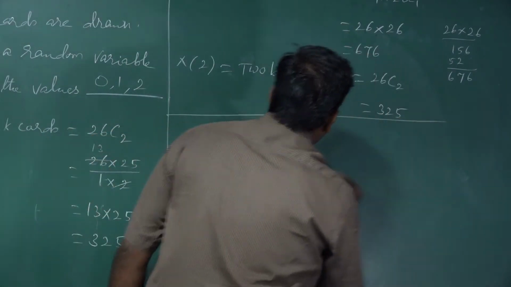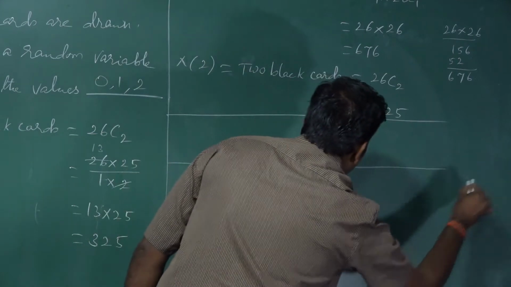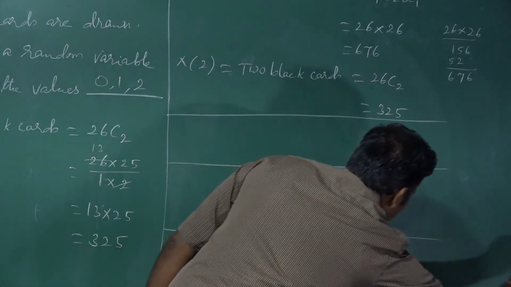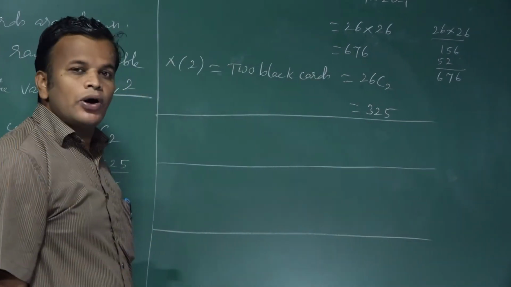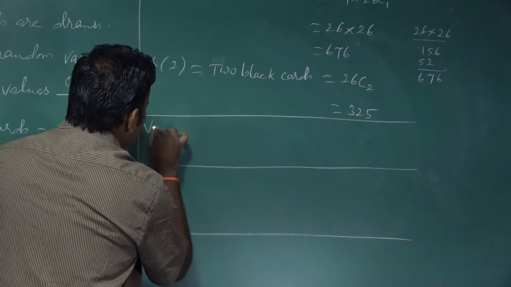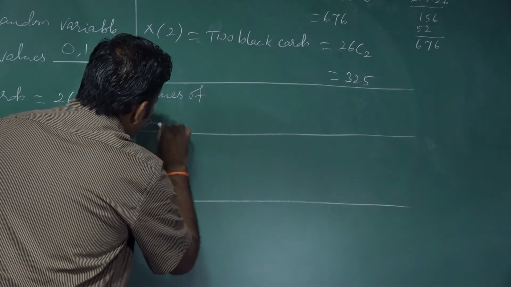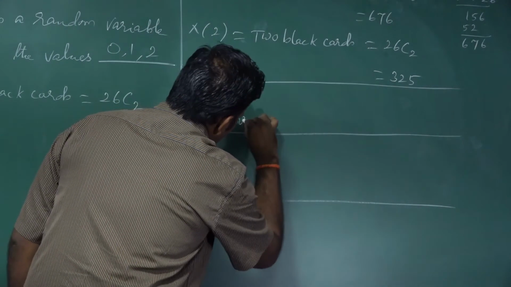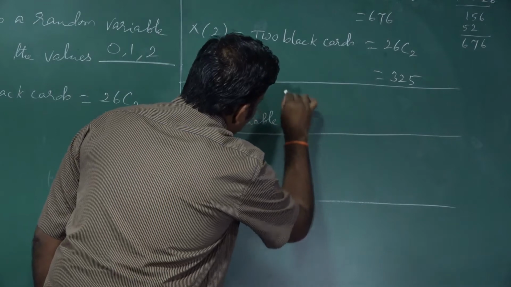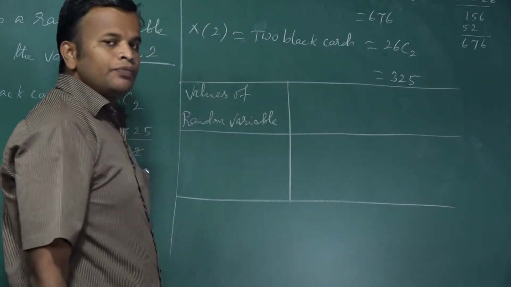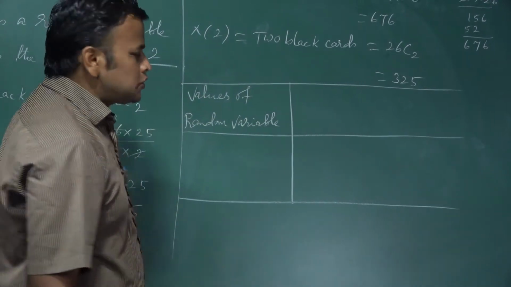Same table. What will the first column be? The values of the random variable, and the next one is the number of points in inverse image. First column over, and second column is the number of points in its inverse image.